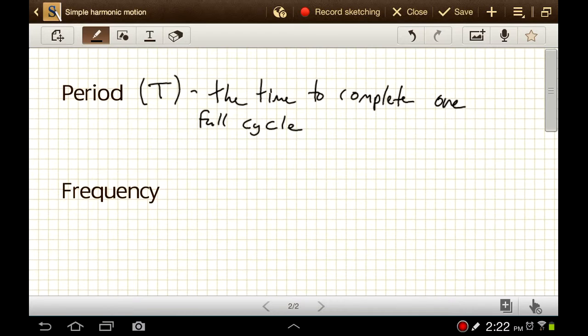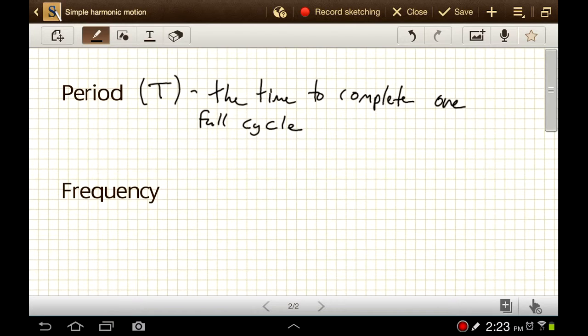And the period of our planet's orbit around the sun is 365.25 days. And the period of the pendulum in a grandfather clock is 2 seconds. One second to go one direction, and another second to go back the other direction.